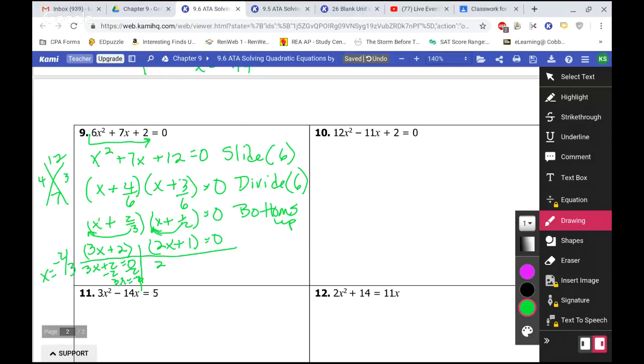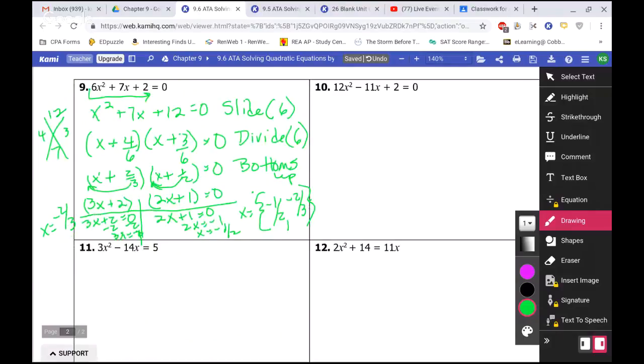And then over here, you've got negative 1/2. So I have a solution set of negative 1/2 and negative 2/3. Technically, I think it should be the other way around, because negative 2/3 is smaller than negative 1/2. It'll be fine.